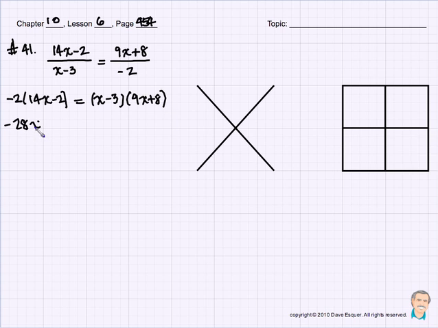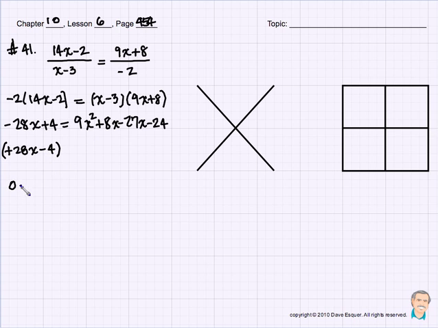We end up with minus 28x plus 4. That turns out to be, when we do the FOILing, 9x squared plus 8x minus 27x minus 24. And what we want to do is set all this to 0 because we have an equality. So we're going to do that kind of in one step by adding 28x to both sides and subtracting 4.